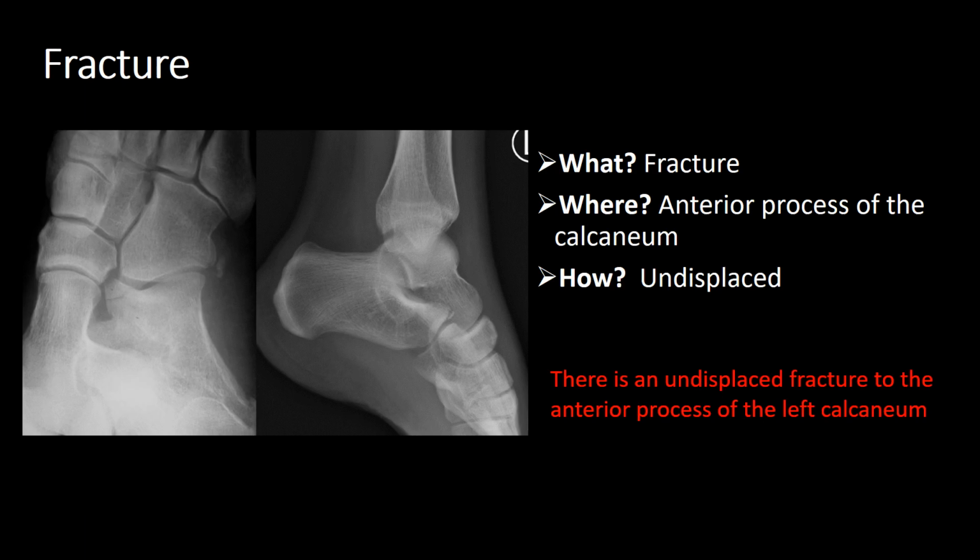So what is it? It's a fracture of the anterior process of the calcaneum, and it's undisplaced. Please note that I've put these two views in, but they are two different cases, so that you don't get confused.